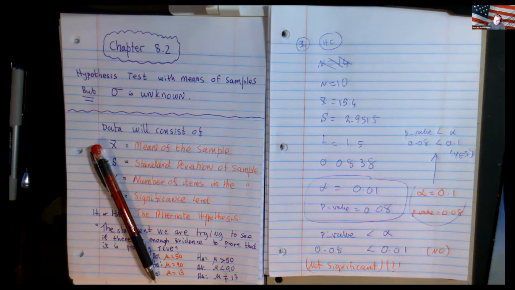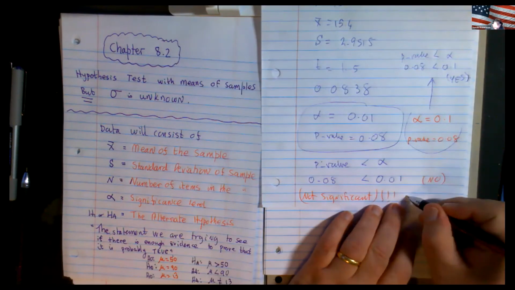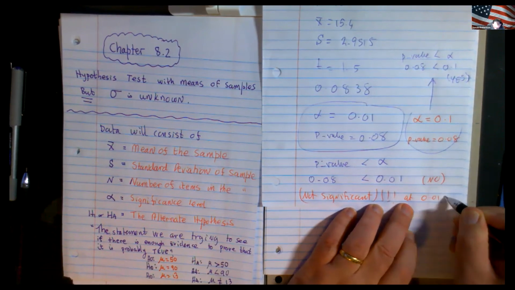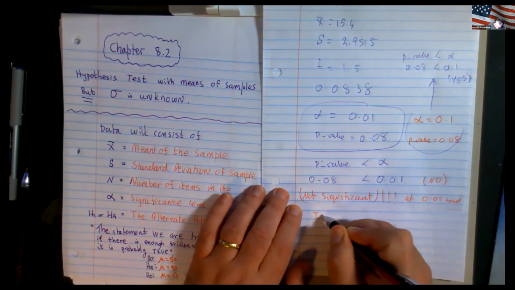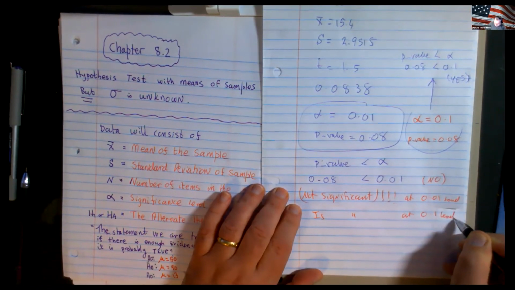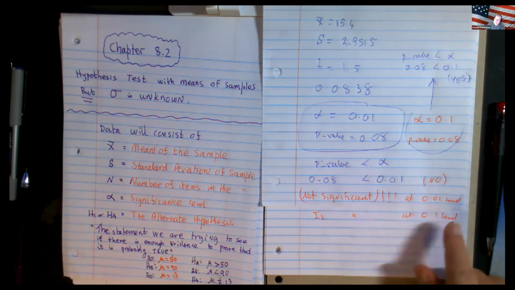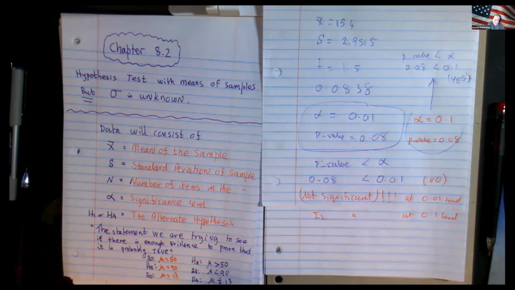Which might seem like, well, how can you say that it's not statistically significant? Look, if I change the alpha, it now is statistically significant. It's not significant at the 0.01 level. It is significant at the 0.1 level. So all that is telling us is that whether something is statistically significant depends on what alpha we use to do the test.